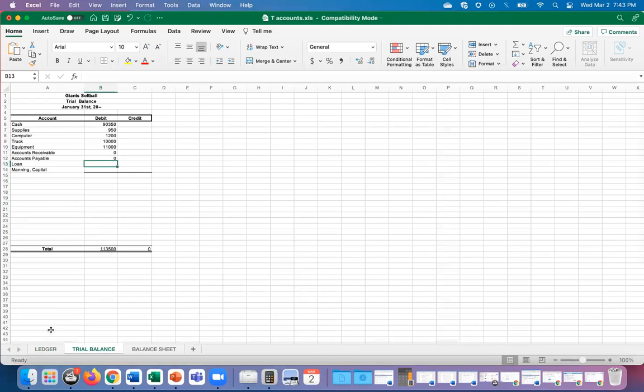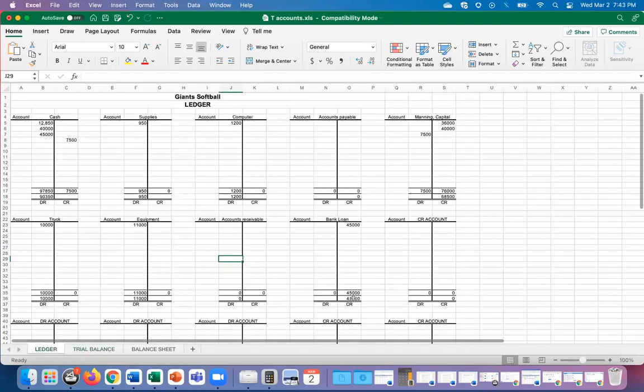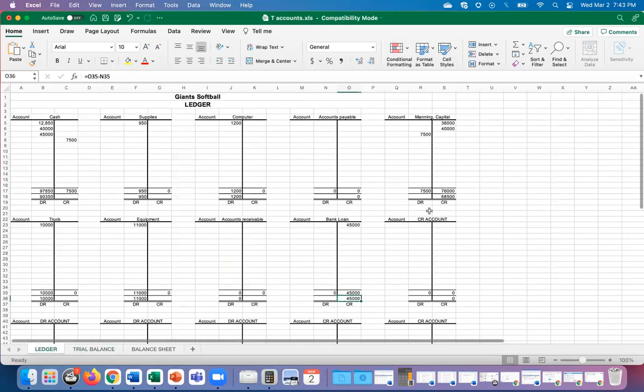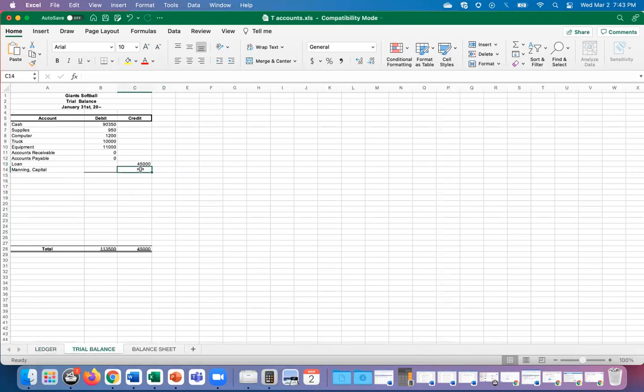So remember, loan, the total is over there on the credit side, so you want to put this on the credit side of the trial balance. So that'll be our first one over on that side. Exciting. And then manning capital, what do we have in that one? That one's been affected a little bit, 68,500, and it's over there on the credit side.